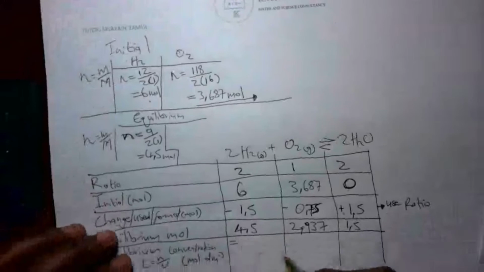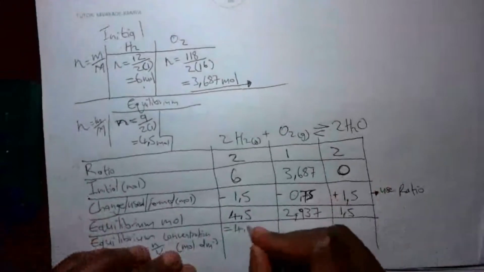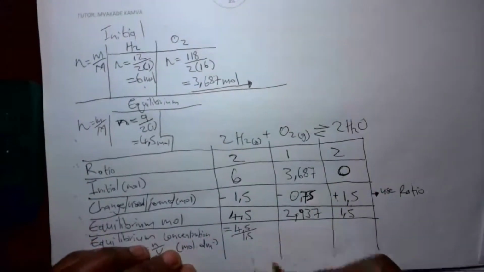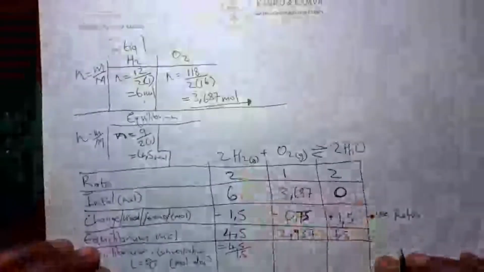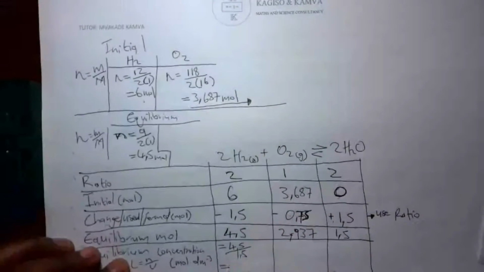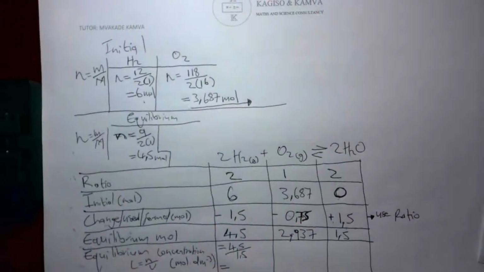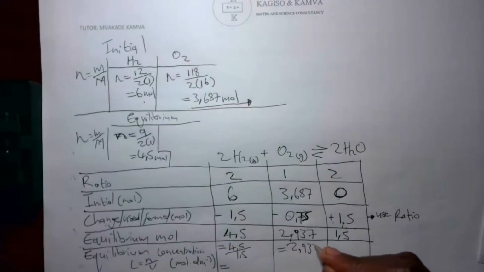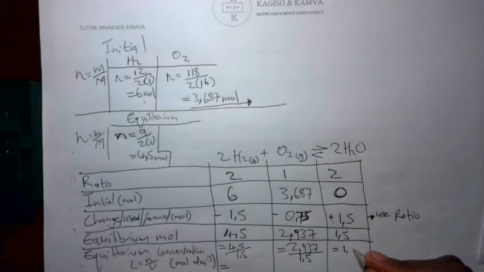Now this is going to be 4,5 divided by 1,5. Then we're going to have this in mole per decimeter cube. We're also going to have 2,937 divided by 1,5. Okay, we're also going to have 1,5 divided by 1,5.